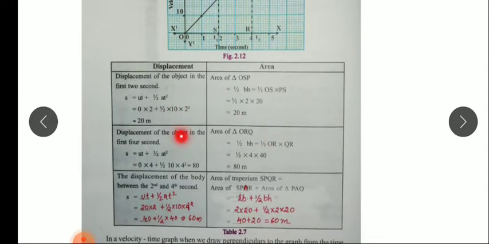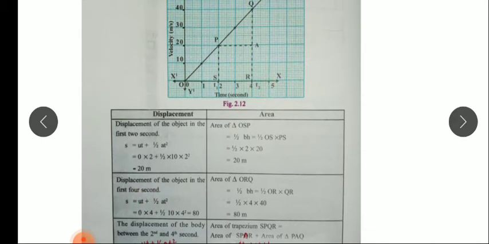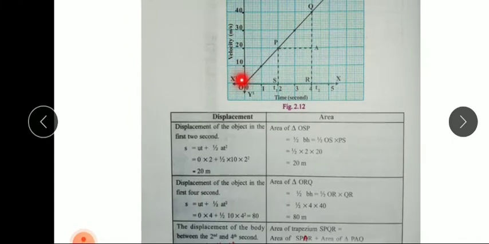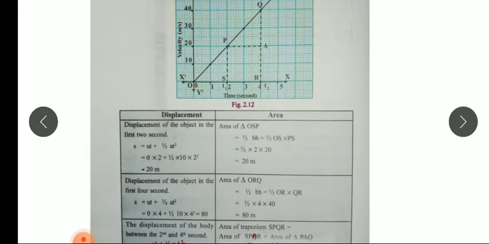Next, displacement of the object in the first 4 seconds. First 4 seconds means from here to here. So from 4 seconds, draw a perpendicular line to the graph. It meets at Q, so that we got a big triangle. So the area of ORQ is equal to half into B into H, that is half into OR into RQ.